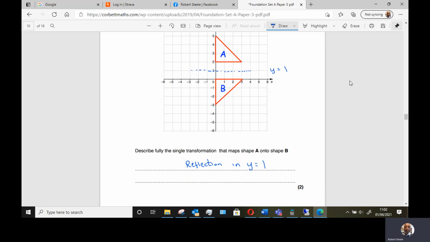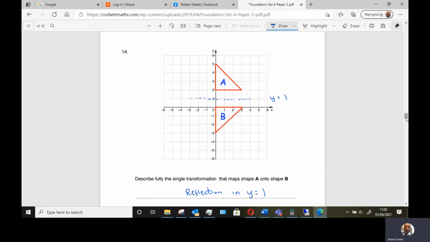If you actually had this on a piece of graph paper and you folded the paper across this line, this point would sit perfectly on top of this point, and this point on top of this point, because they're each the same distance either side of the mirror line.